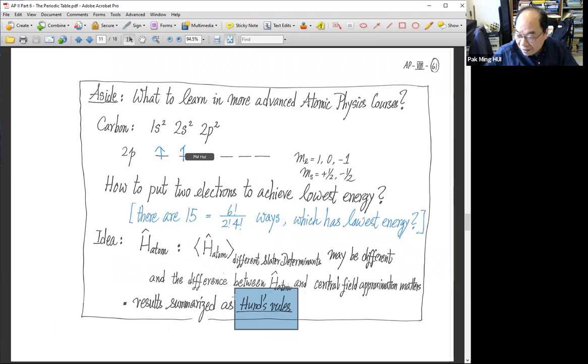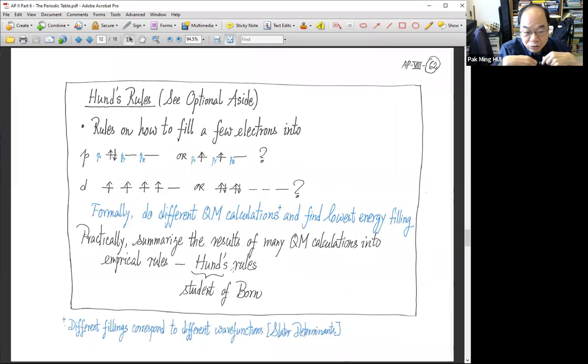And then this is one way, and how about this, how about that, and then another way. And then at the end, he summarized all his discovery in 3 rules. That is what is called Hund's rule. We are not going to discuss deeply what Hund's rules are, but I just want to tell you that there was someone who already did this and summarized the result in some rules.